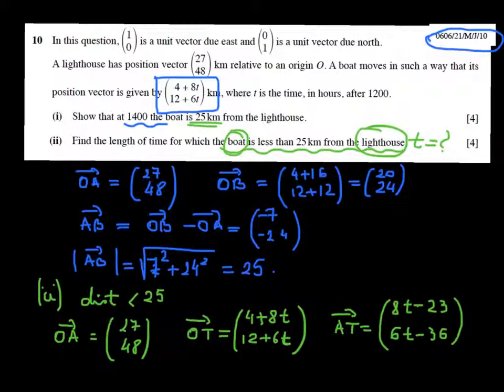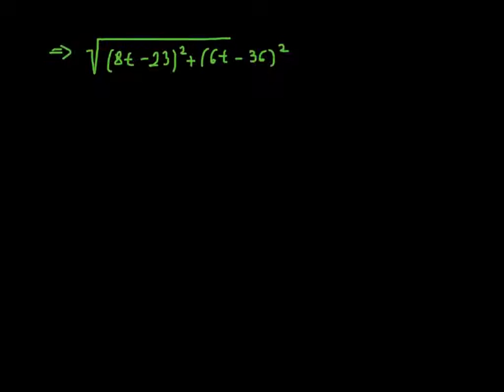So you want it to travel less than 25 kilometers, so you want the distance from A to T to be less than 25. Therefore, your condition is the distance from A to T, the square root of (8t minus 23) squared plus (60t minus 36) squared, is less than 25.